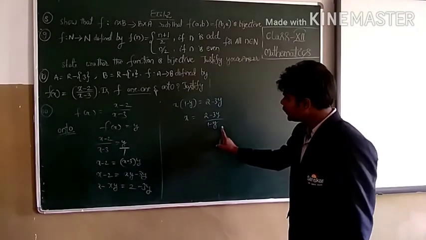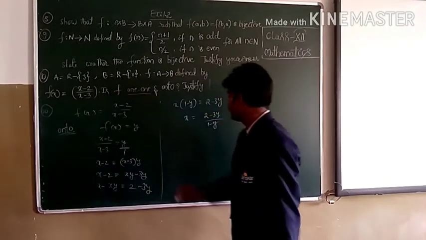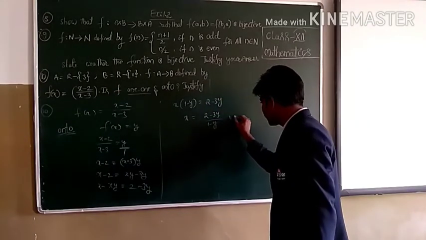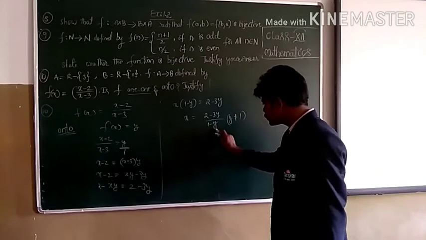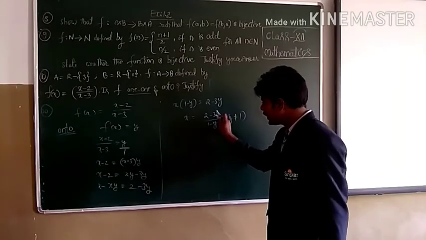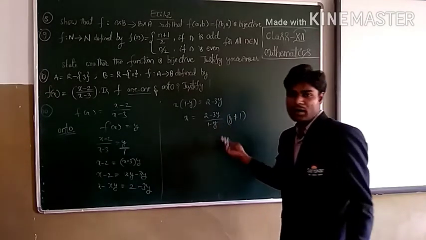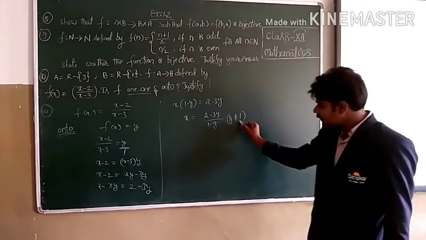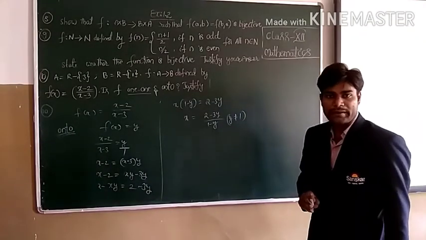Right? So here the one point is given b or minus 1. So here y is not equals to 1. Right? If y is equals to 1, 1 minus 1 is 0, then something by 0 is not defined. Right? So that's why y is not equals to 1.